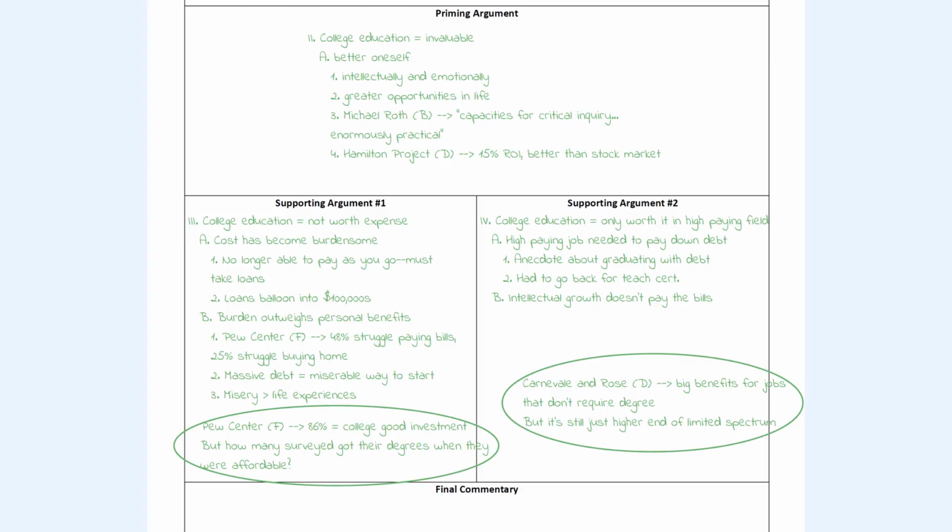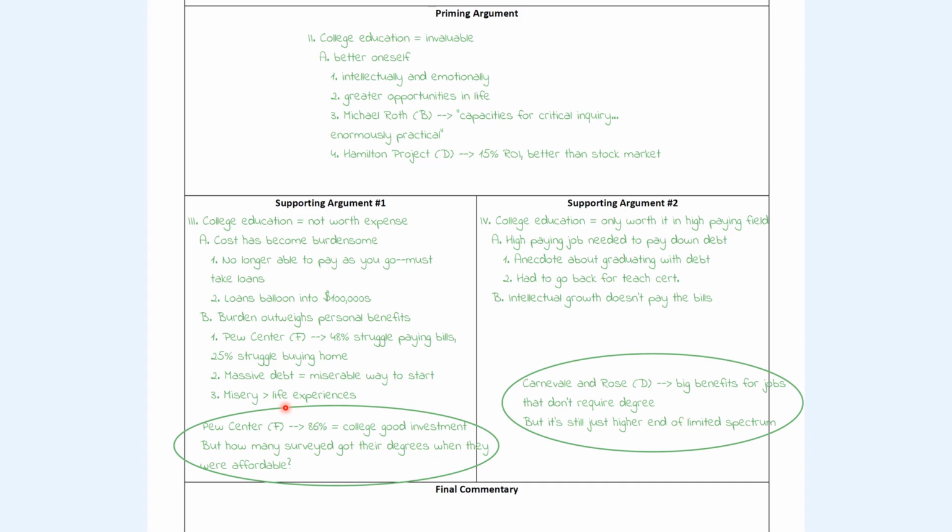And here is what I came up with. I'm going to use two different sources to make counter arguments here. In my first supporting argument paragraph, I'm going to dip back into source F, that Pew Center data, and talk about how, according to their polls, 86% of college graduates say that it was a good investment.